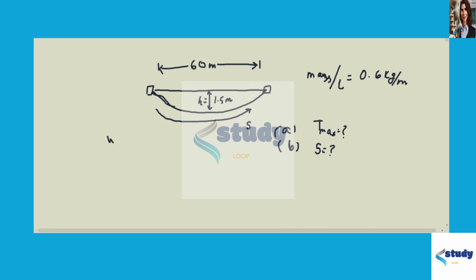Now let's solve this problem. We know that the weight is nothing but mass times the acceleration due to gravity. So instead of this mass per unit length, we can also get the weight per unit length.